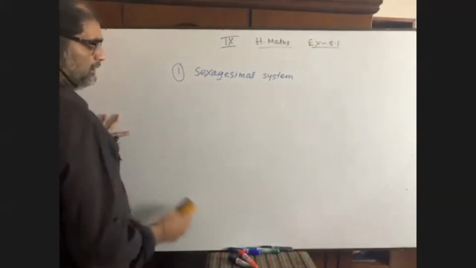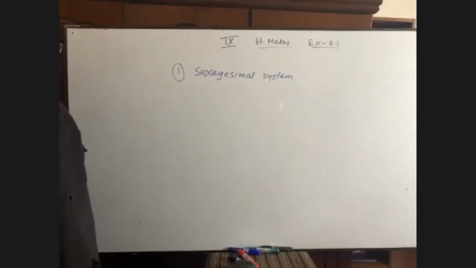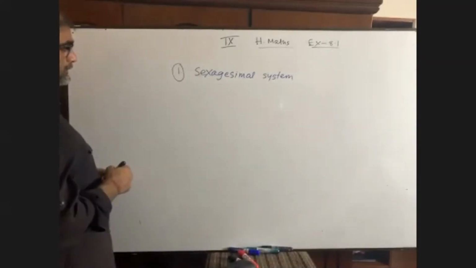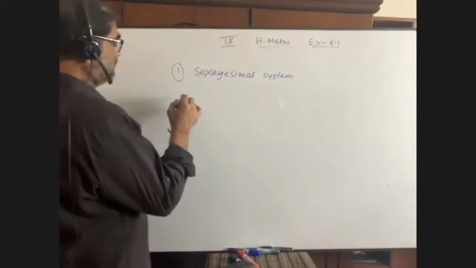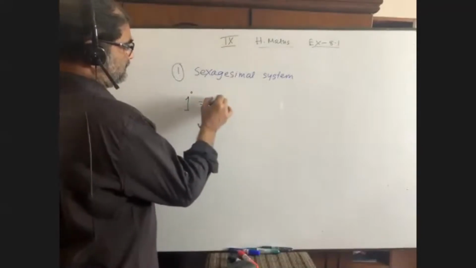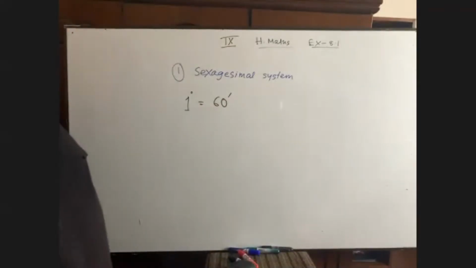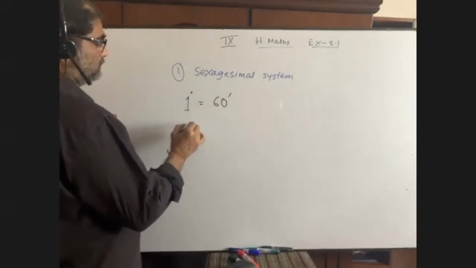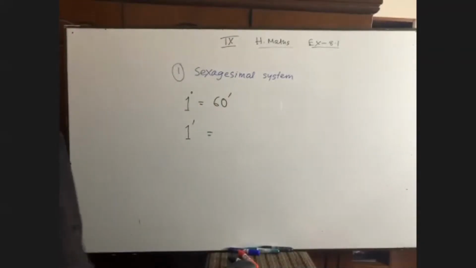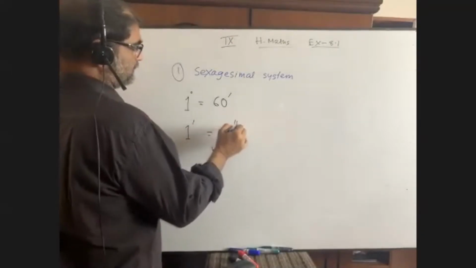This 1 degree is equal to 60 minutes. 1 minute equals 60 seconds.